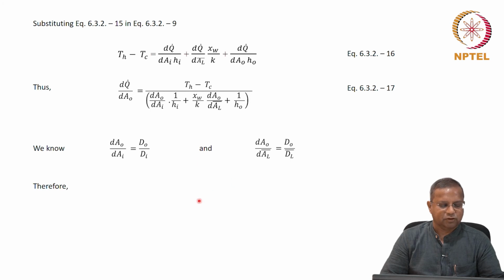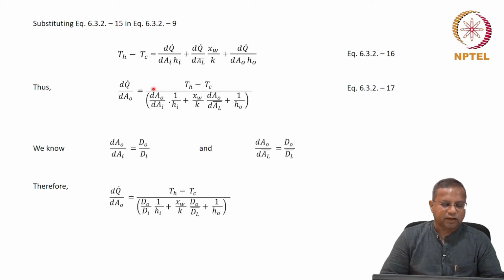Therefore, you could replace these: dq dot by dAo equals Th minus Tc. Instead of areas, you have the diameters, 1 by hi remains, plus xw by k times d naught by dL hash plus 1 by ho. This is equation 6.3.2-18.